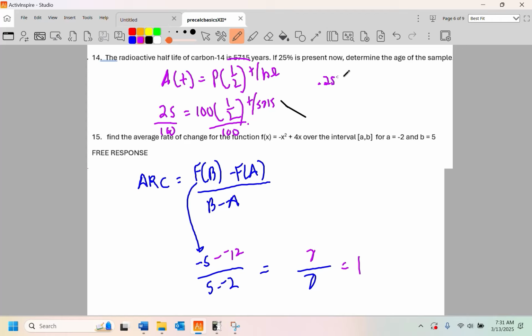So 0.25 equals 1/2 raised to the t over 5,715. And the best technique is probably just taking the natural log of both sides. Let's go ahead and make that 0.5, because I think the creator of your test will do that too.